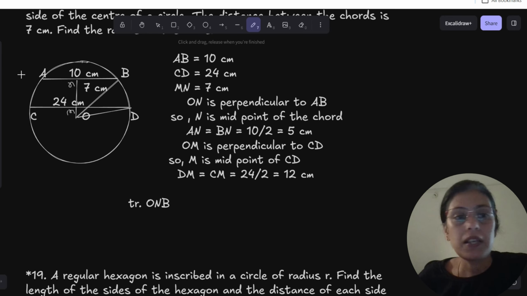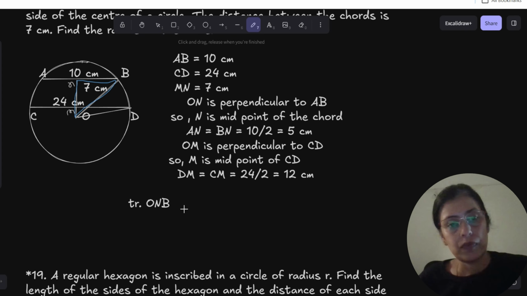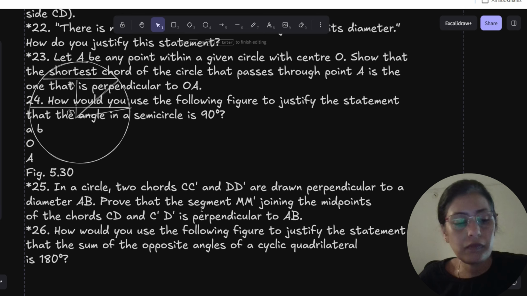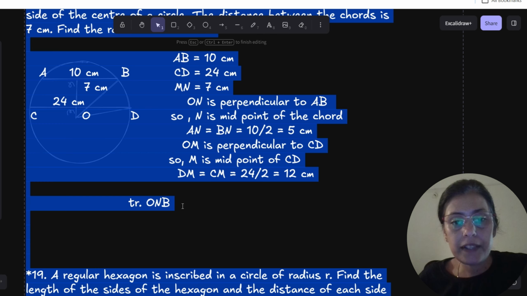I'm taking this triangle. It is a right angle triangle.